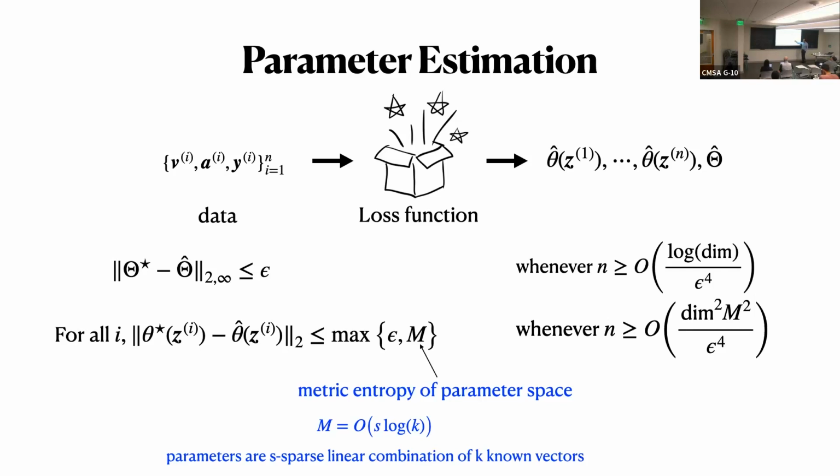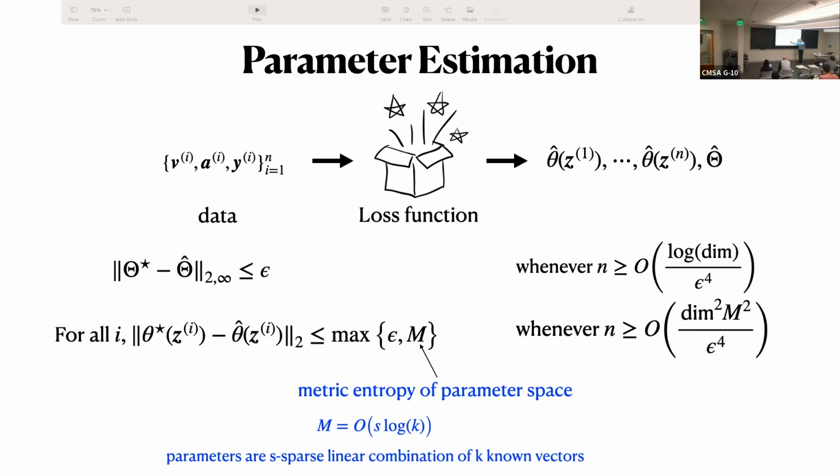What it would give us as a guarantee is that common parameters will be learned really well as long as the number of samples is larger than the log of the dimension, where the dimension is of the y's and the v's, and it scales as 1 over epsilon to the power 4.